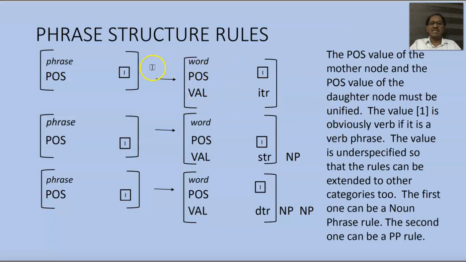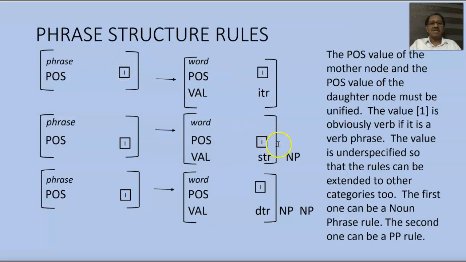So that the rules can be extended to other categories too. So we are not giving what the POS value is. If I say verb here, this will be a verb phrase only. But if I don't give anything here, I am just saying this value and this value are the same. That means this can be of any value, maybe verb, maybe a noun, maybe an adjective or a preposition. If this is a noun, because this is shared, this is a noun phrase.